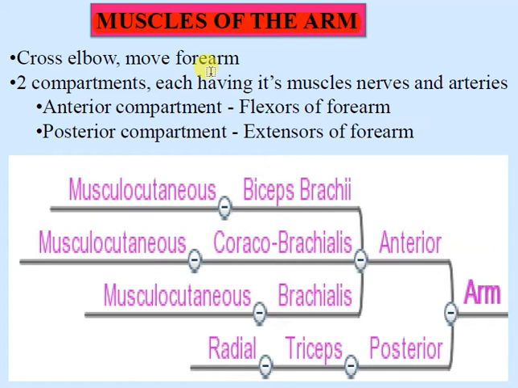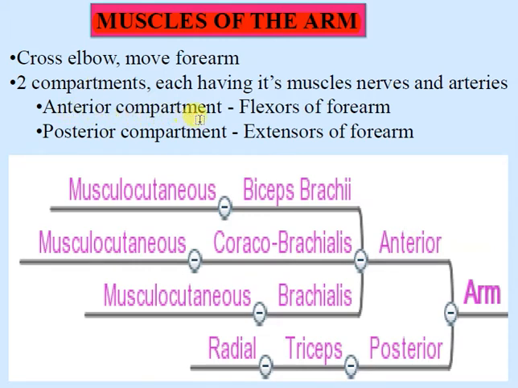In the anterior compartment of the arm we have biceps brachii, coracobrachialis and brachialis, which perform the function of flexing the arm. Meanwhile, in the posterior compartment, the triceps brachii does what? It extends the arm.